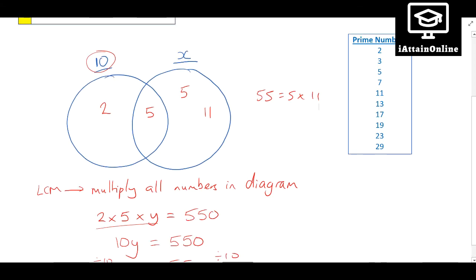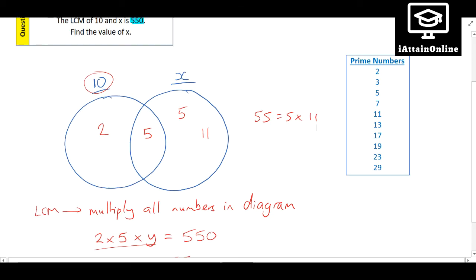Okay, so now we have all of the prime factors and they've been put into the Venn diagram for us. So to find the value of x, remember, that's everything in this circle, this set, multiplied together. So x is going to be 5 times 5 times 11.